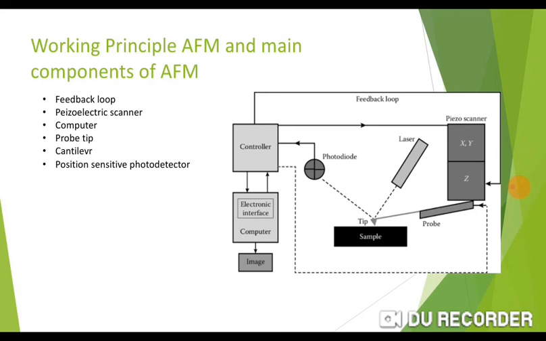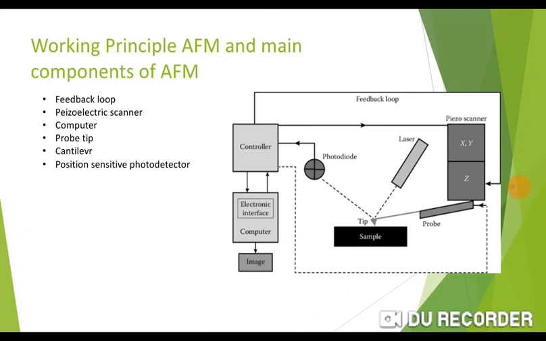Now, this AFM technique detects this interaction, meaning it detects either attraction or repulsion forces by measuring the deflection of the cantilever probe, and this deflection at the tip is detected by a laser focused on the top surface of the cantilever beam.